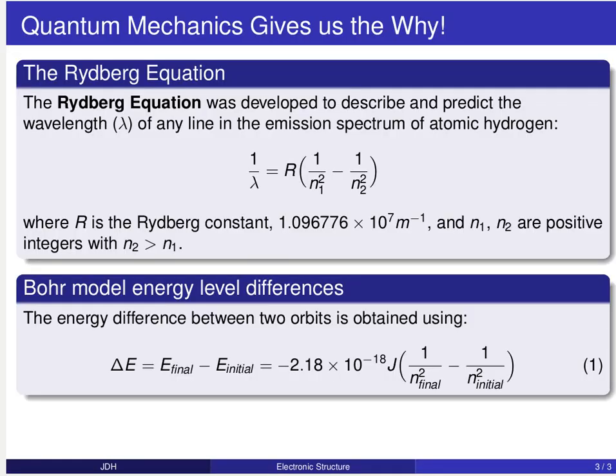Okay, so the Rydberg equation up here and the Bohr model down here allowed us to provide some quantitative predictions for some very specific and very simple atoms. And what we're doing here with quantum theory is basically providing a more robust and a very general description of why this is happening.